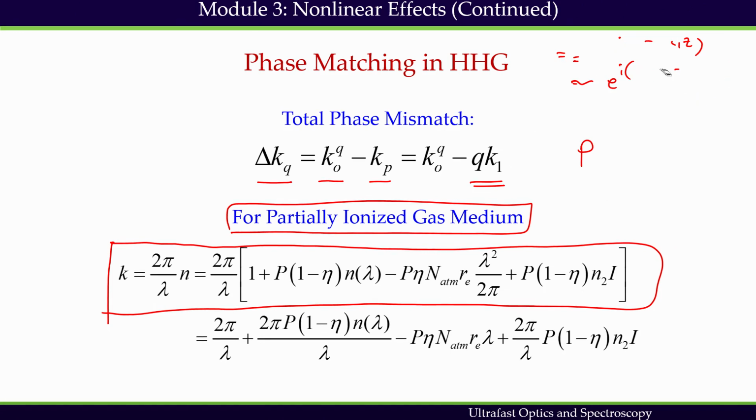In this refractive index expression, P is the pressure of the gas medium, and eta is the ionization fraction.